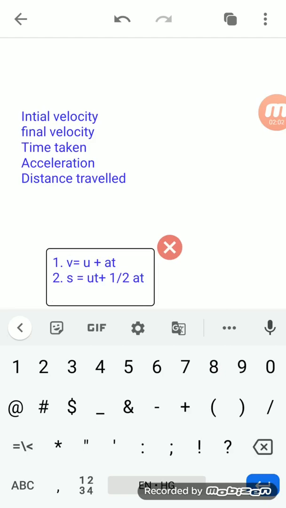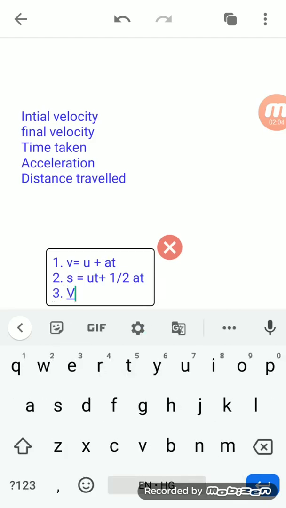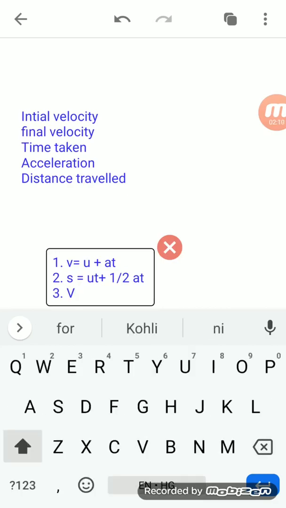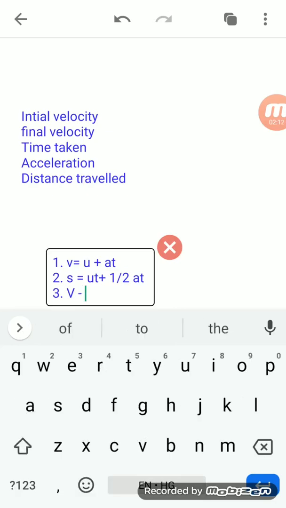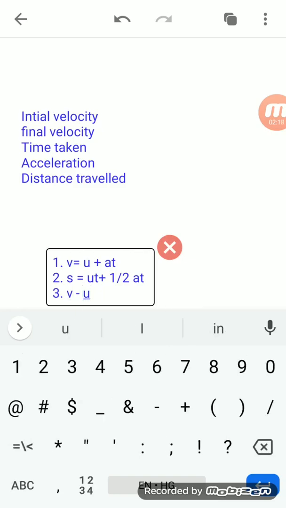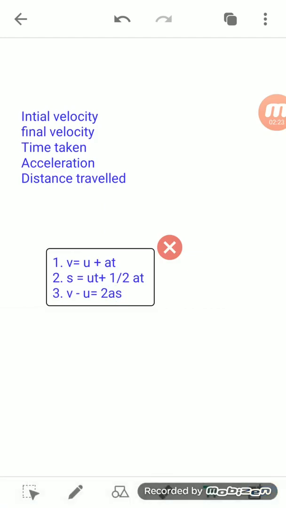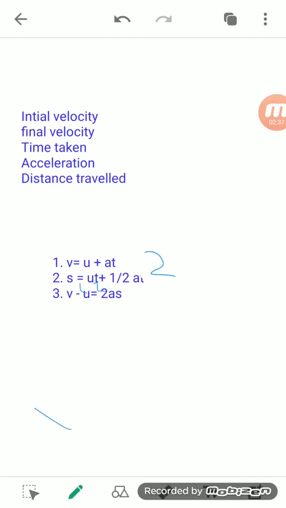The third one: v square minus u square equals 2as. So v square minus u square is equal to 2as.